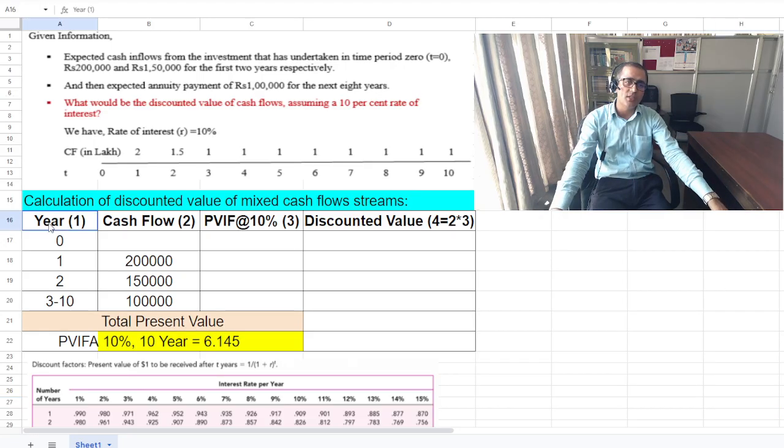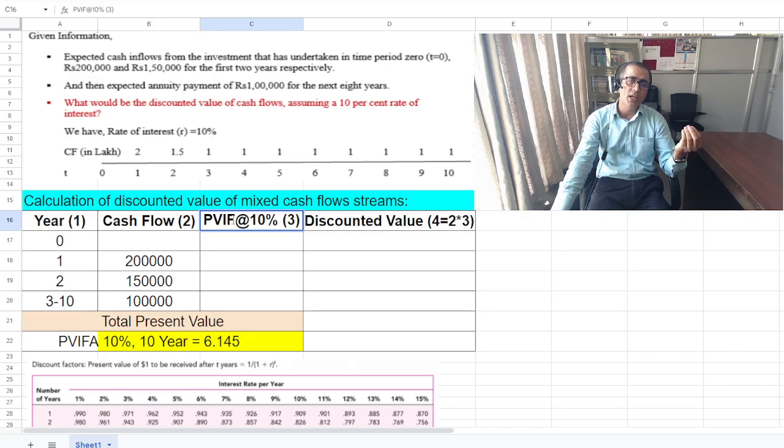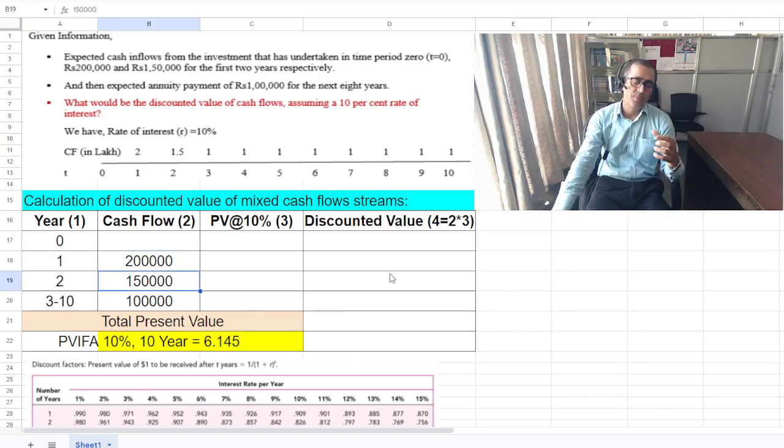Your first column is the year, the second column is the cash flow, the third column is the PVIF, or present value factor, and the last column is the discounted value. Then the first year is 2 lakh, the second year 1,50,000, and thereafter up to year 10, that is 1 lakh.